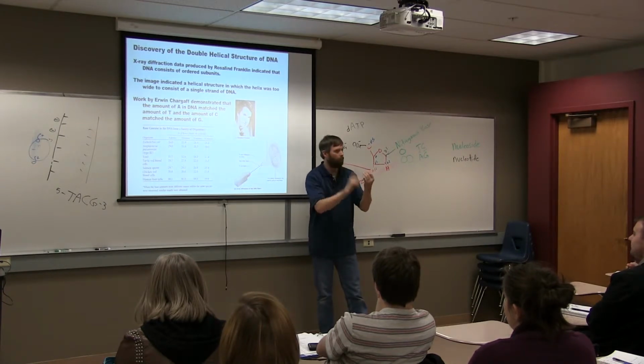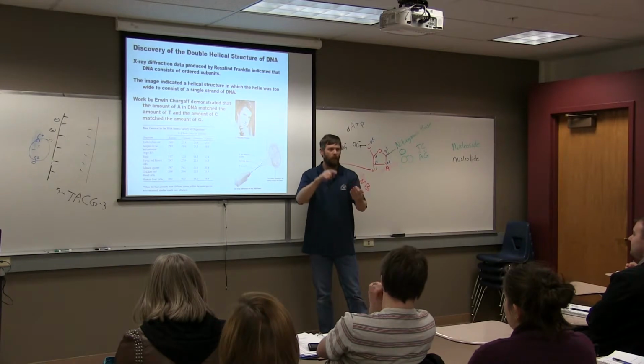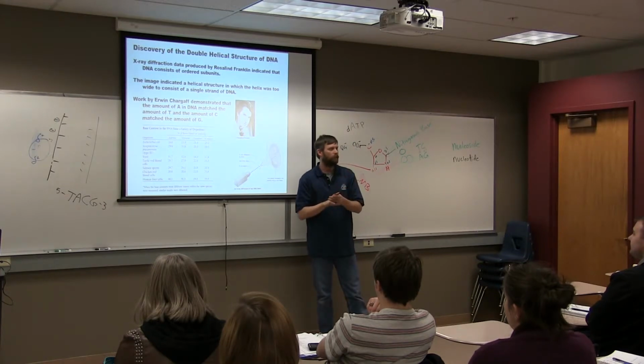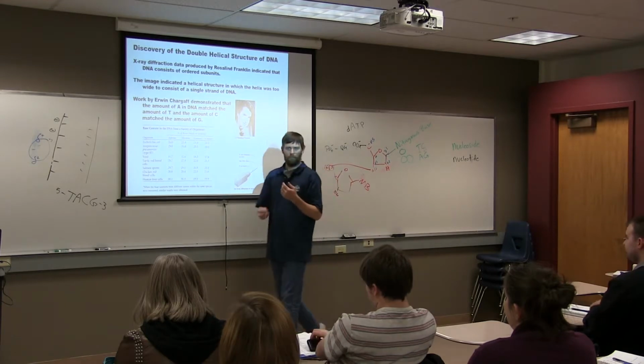And it didn't matter if it was a virus, or bacteria, or a mouse. That relationship of A and T always having the same amount, and G and C always having the same amount, was a clue that these guys interact in some way. They're paired up somehow.